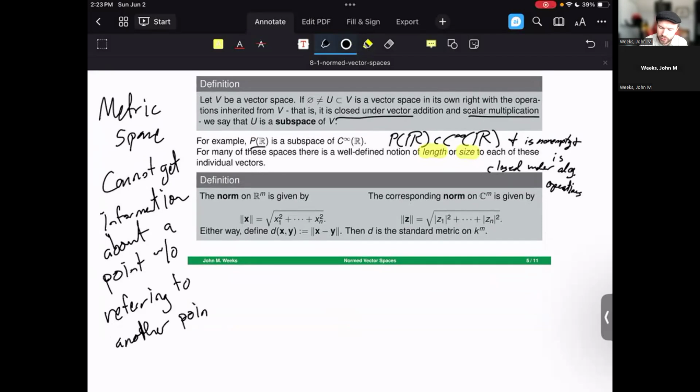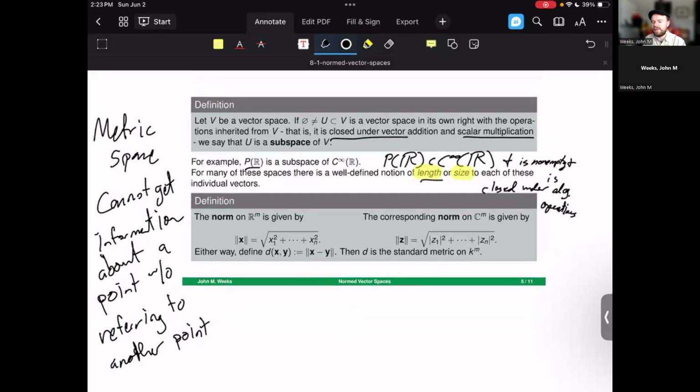Whereas that is absolutely possible here with this notion of length and size for the norm space. I can plug in a vector of a norm space, and I can give you a scalar value that tells me something about that. One way to think of it is that it is kind of the length or size of that vector.